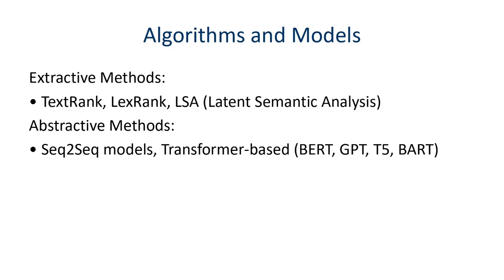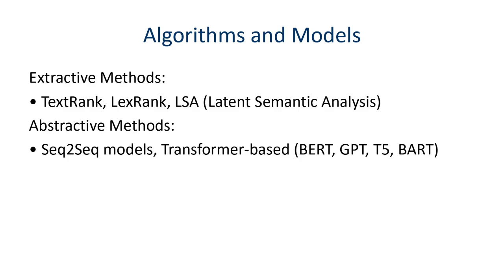For abstractive summarization, we use deep learning models such as sequence to sequence networks and transformer based models like BERT, GPT, T5, and BART. Transformers are powerful because they understand context and relationships between words, making summaries sound more natural and coherent.